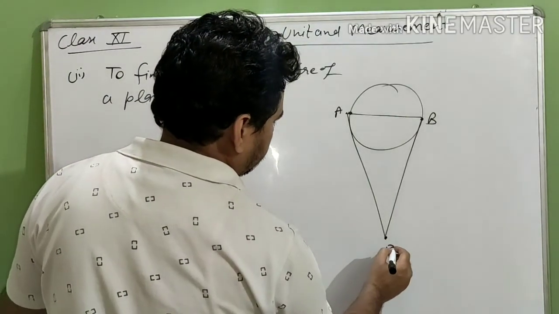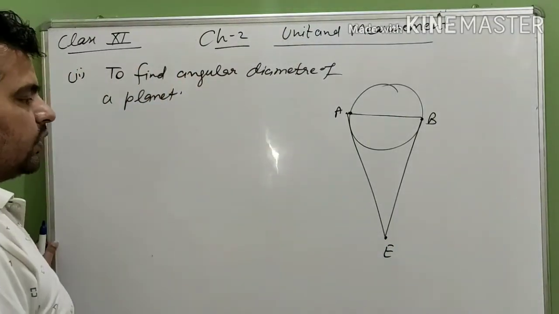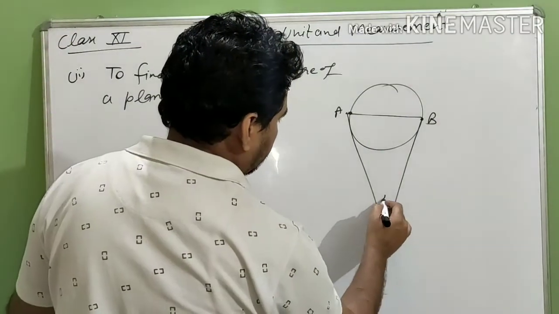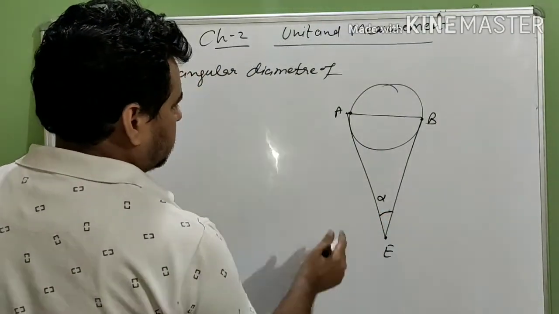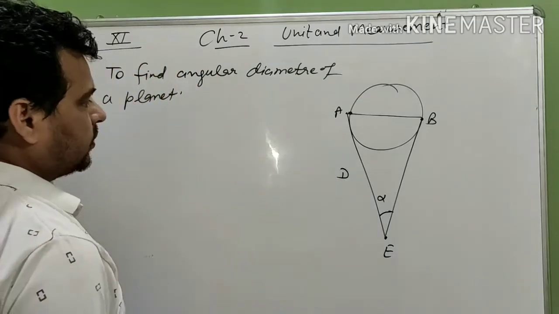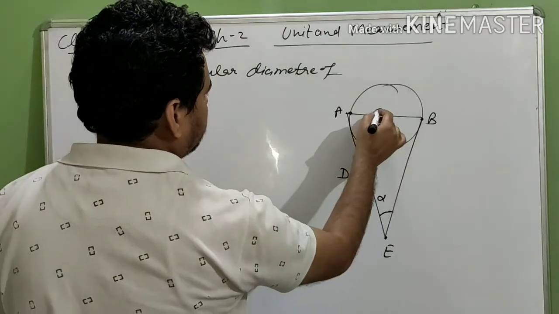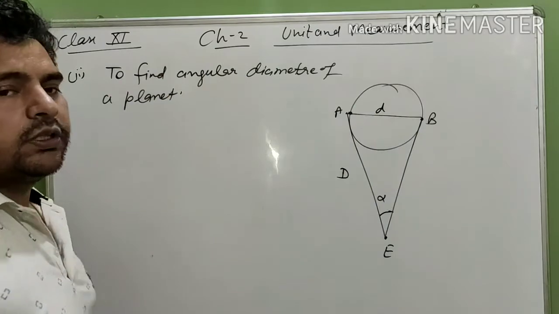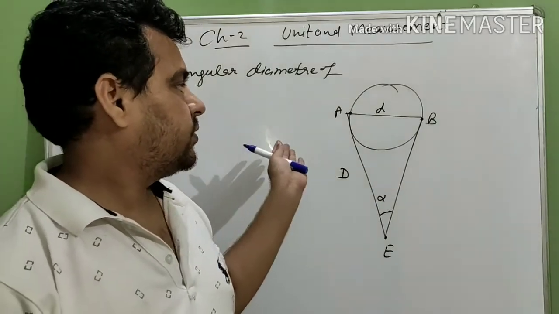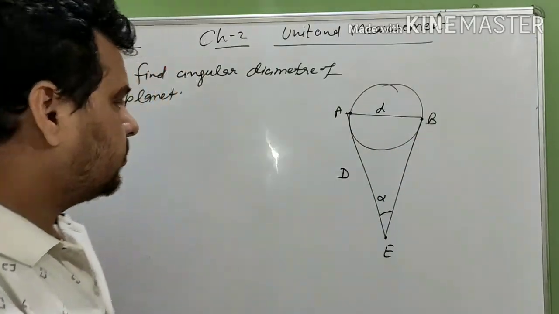This is Earth. So this angle, suppose that alpha, the distance is D. This distance is small d because you want to find the angular diameter, or we can say angular size, of the planet.